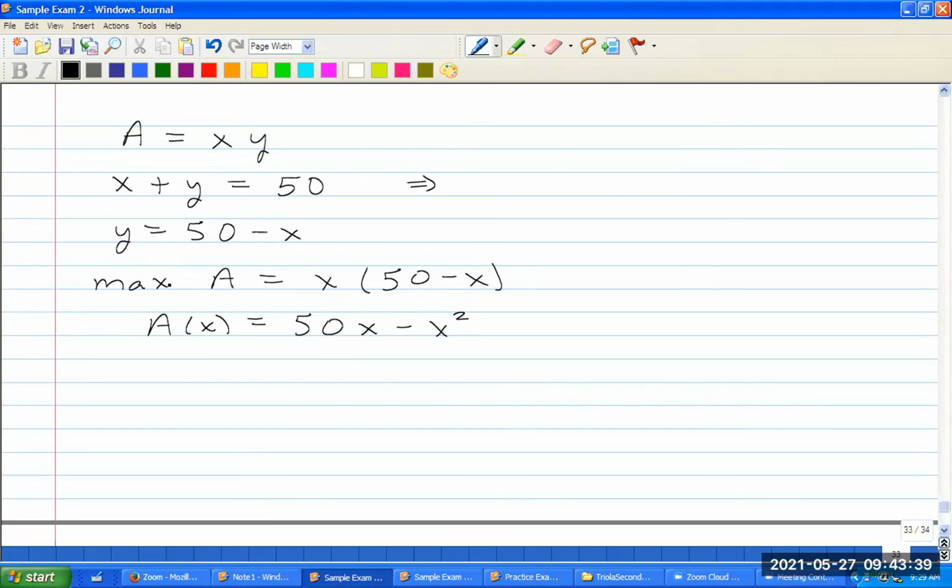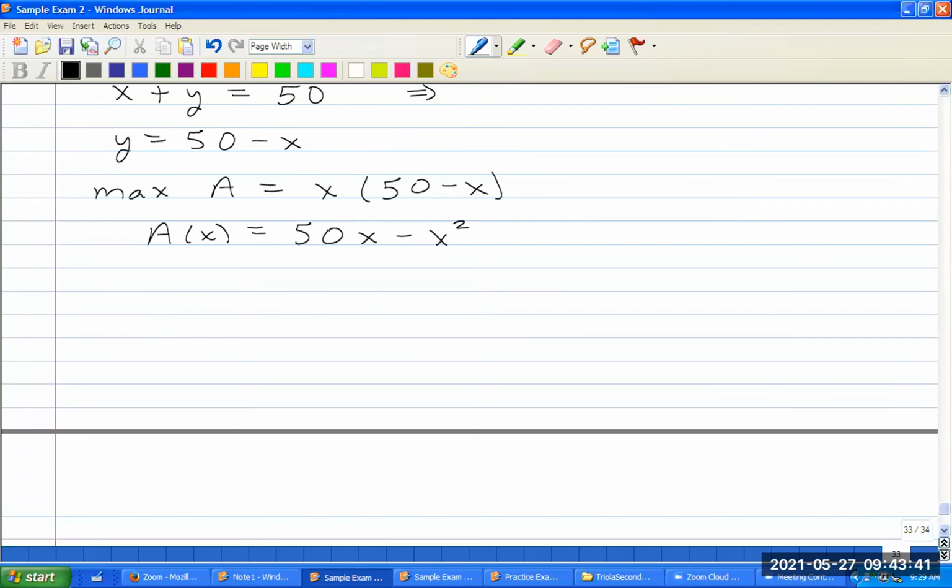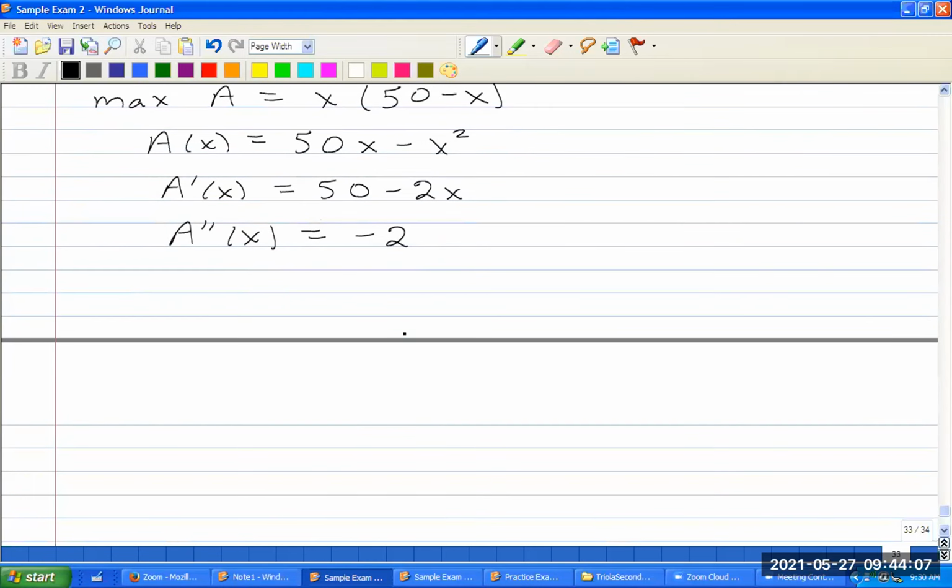And so let's take the first and second derivatives. Let's try to maximize this. Since it's a polynomial, it's easiest to use the second derivative test. So the first derivative is 50 minus 2x, and the second derivative is negative 2. So it's always concave down.